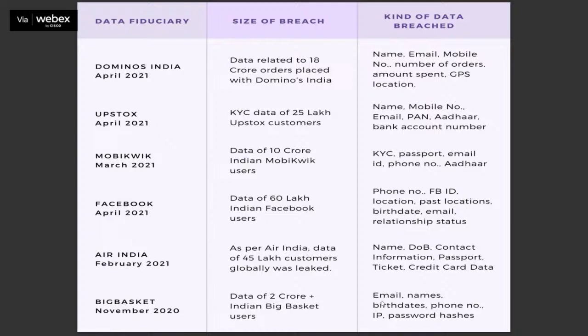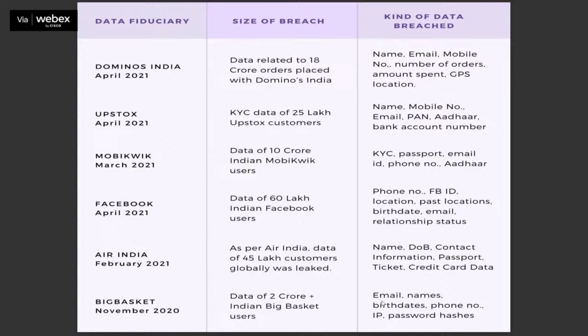One by one, a data breach happened with Domino's India in April 2021, where data related to 18 crore orders placed with Domino's India were breached. In this kind of data breach, the customer name, email addresses, mobile numbers, number of orders, the amount they have spent, and their GPS location were breached. So these were all the data that were taken by the attackers.